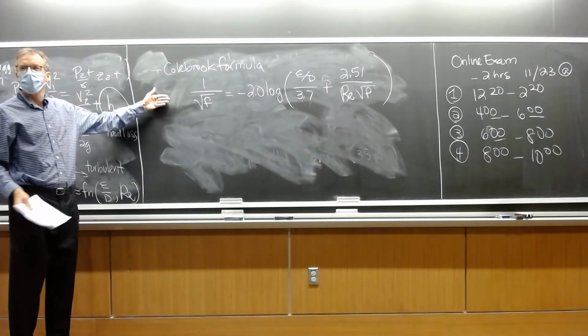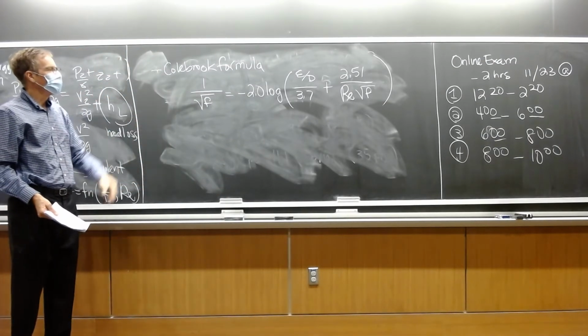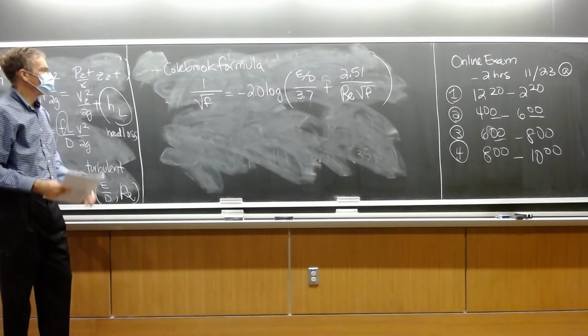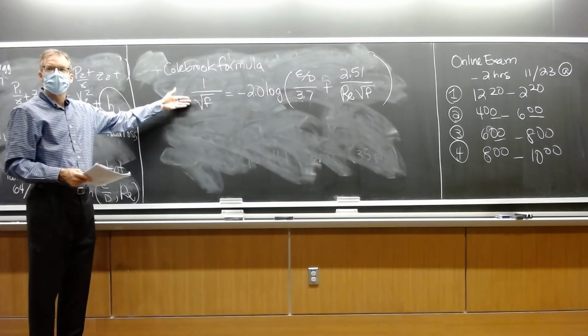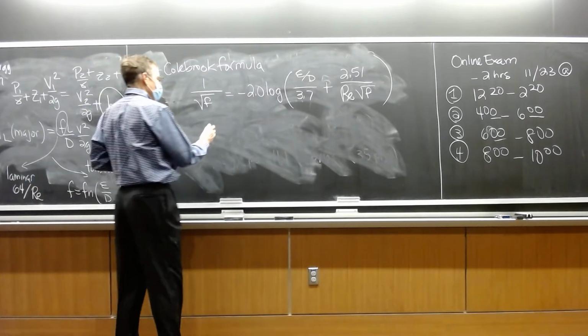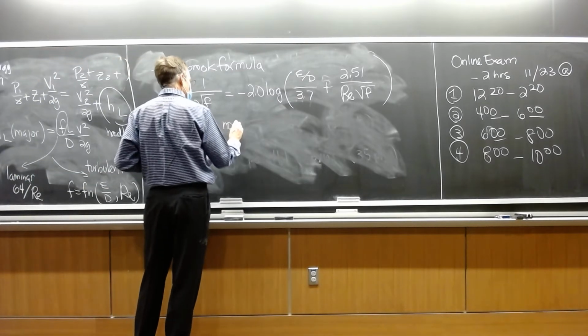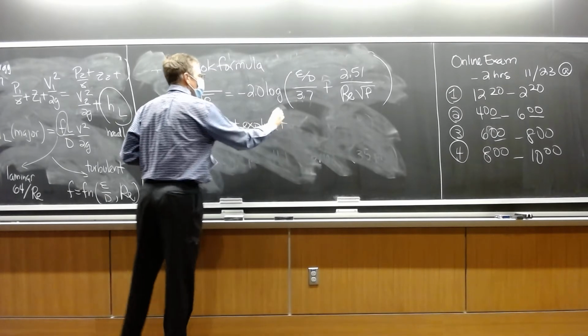This is the Colebrook formula. As you can see, this is something that comes from a bunch of experiments, and it's not easy to get a value for f because it's not an explicit equation for f.